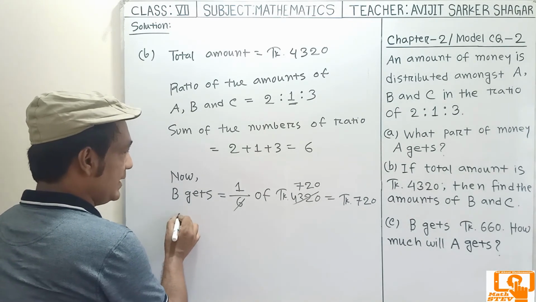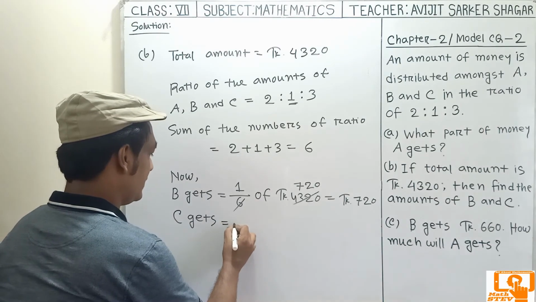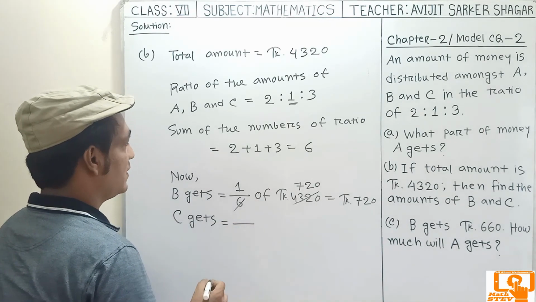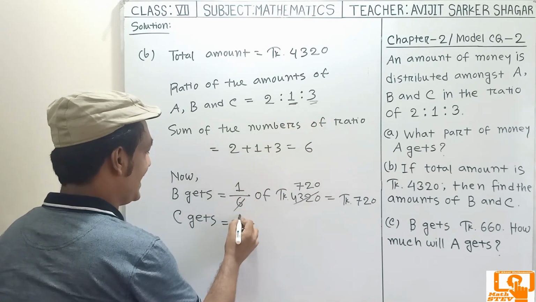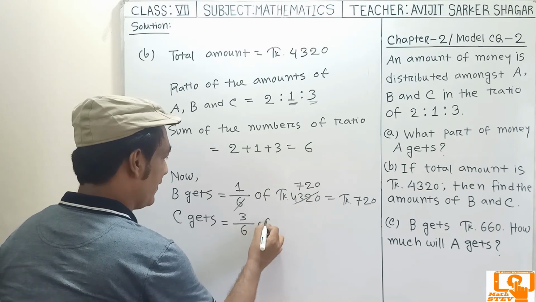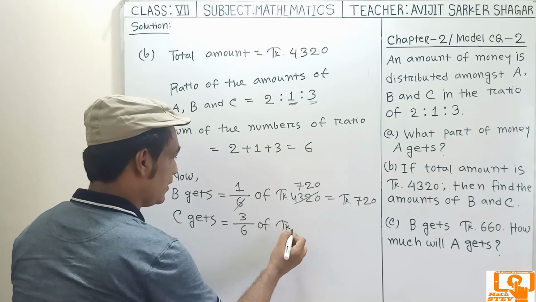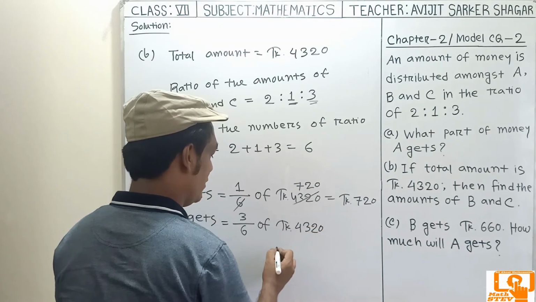Again, C gets how much? In the ratio, what is the quantity for C? It is 3. So we have to write 3 divided by total 6 of the total amount, taka 4320.